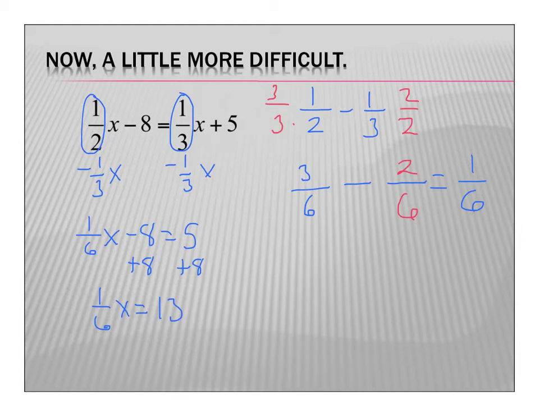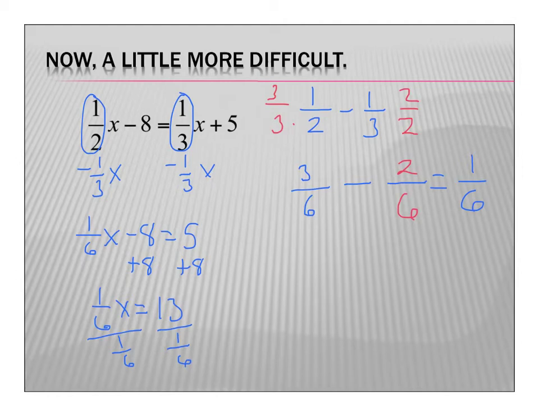Awesome. Next part. Well, I have 1/6 times x. How do I undo multiplication? I divide. So I'm going to divide by 1/6. Now, we can think back to Algebra 1 and say, well, dividing by a fraction is the same as multiplying by what? It's the same as multiplying by its reciprocal.